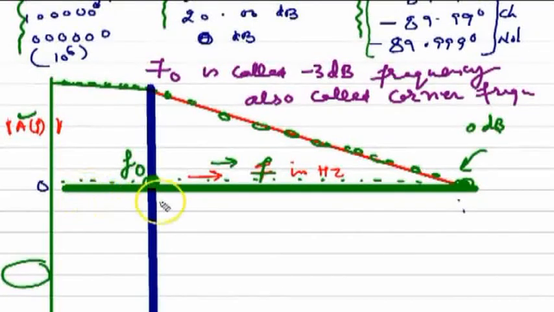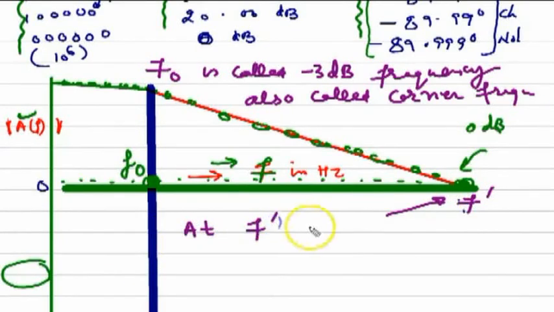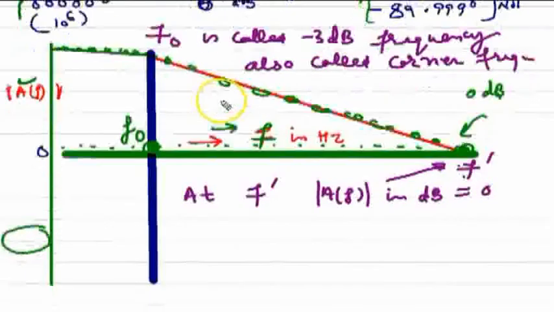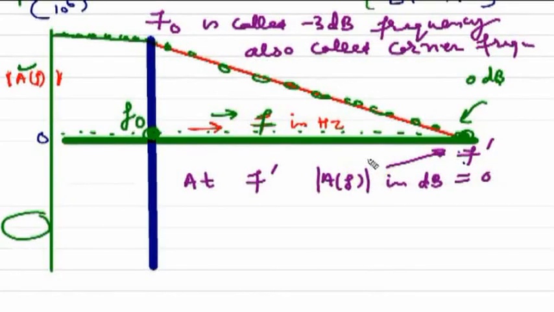So this frequency where the gain becomes 0, let us call it F dash. Now we try to find the value of F dash. How do we find F dash? F dash is where the magnitude of the gain in decibel becomes 0, and in magnitude its value becomes 1, because then 20 log to the base 10 of 1 is 0.